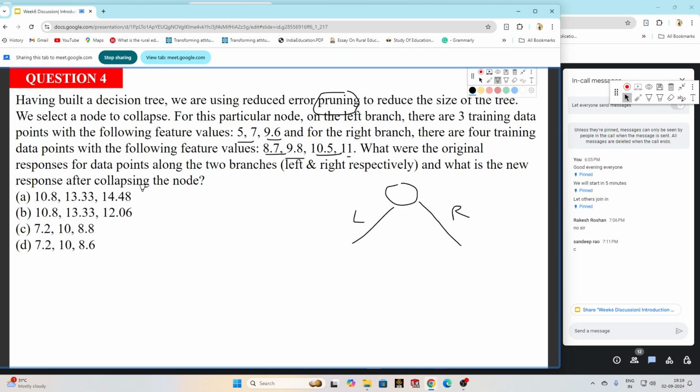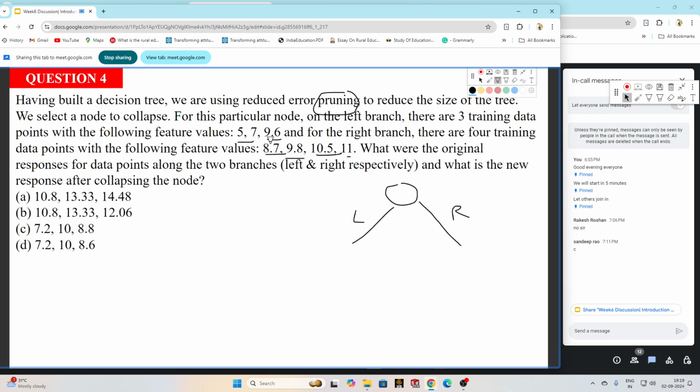Whenever many data points are given and you are told to find the response of a particular branch, you simply calculate the mean of that data set. Here on the left side you have 3 data points: 5, 7 and 9.6.